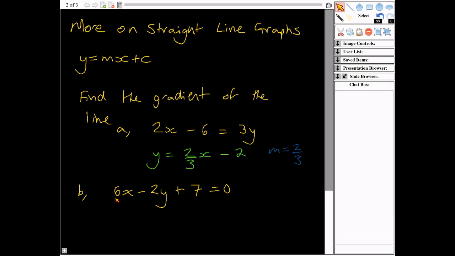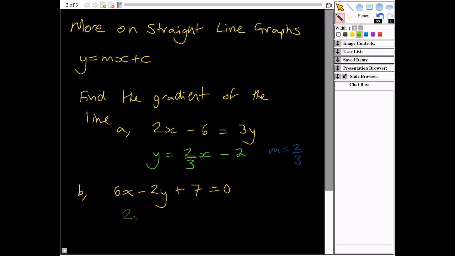Now, in this case, it's a little bit more complicated, but again, I would just need to rearrange it to get it in the form y is equal to. Because I've got minus 2y here, I would add 2y to both sides, move the 2y to this side, and write it around the other way as well.